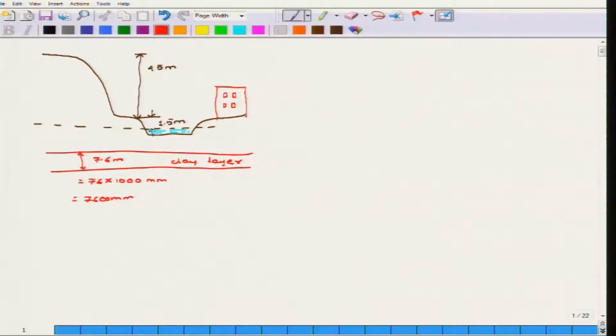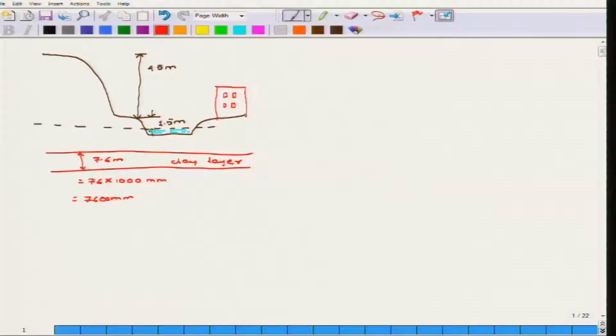Now, I said previously that if it is a normally consolidated settlement, then we will use the general formula of Cc, but if the clay layer is over consolidated, which it is supposed to be, because the lake was subjected to a greater pressure previously and now it has been subjected to a less pressure, obviously it is an over consolidated settlement.